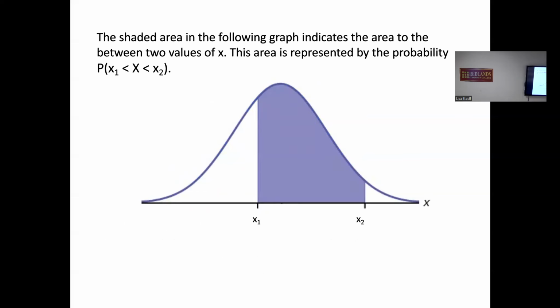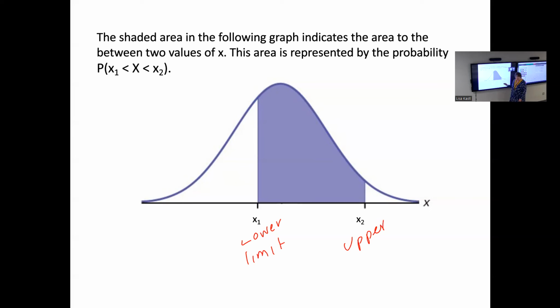And in between, again, your calculator can find the area in between two values. This would be your lower limit, and this would be your upper limit. And everybody's calculator does that, right? Everybody in here, when you go to your normal distribution, it has a lower and an upper limit.